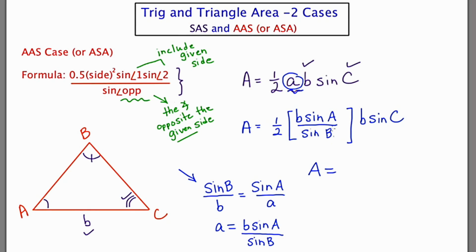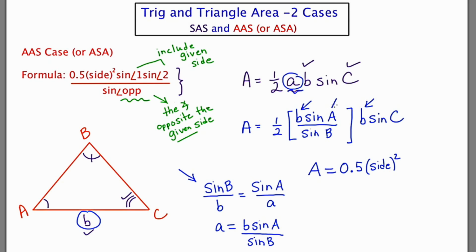Now my objective is to make this look like the formula that's initially given to me. So another way to say 1/2, of course, is 0.5. Now remember, side b was the one side that was given in the beginning, and that happens here and it happens here. So I really have b times b, which is your given side twice or squared.